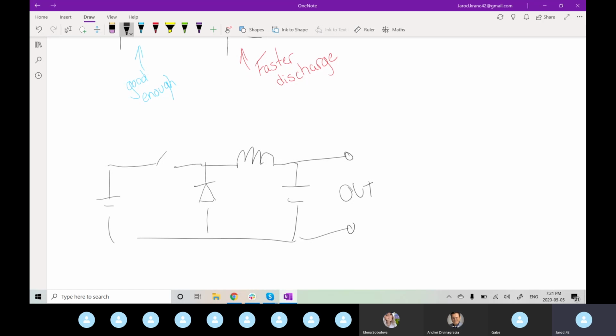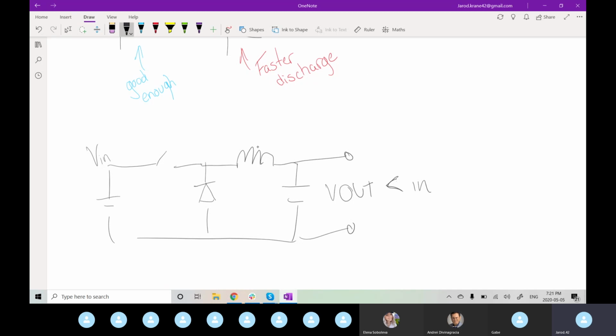So this is a buck converter. You have some voltage on your input, and you're going to have some voltage on your output that is lower than your input. Basically, that's all you're doing.